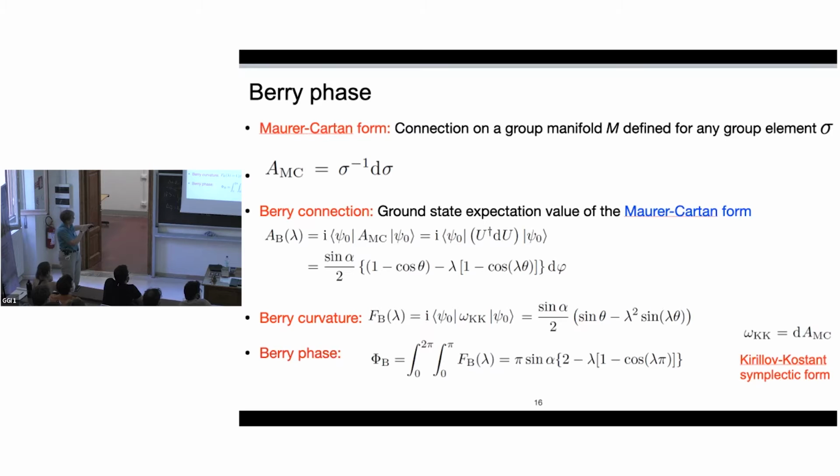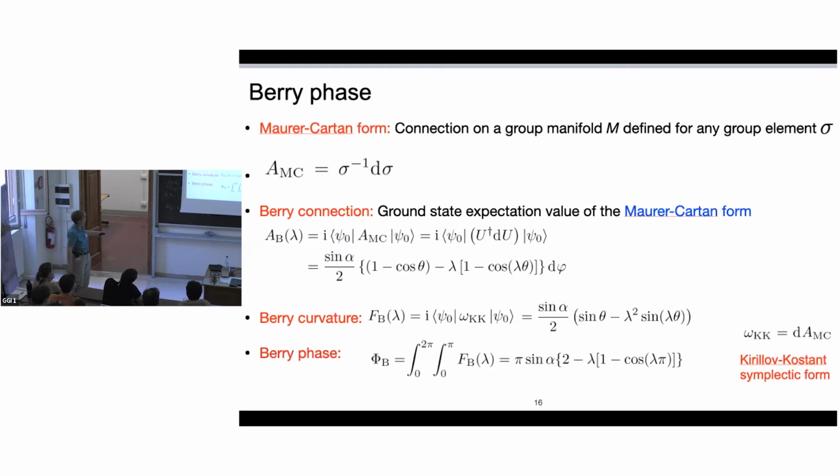So it depends. Alpha is the constant J and B essentially in the Hamiltonian. Theta and phi are our geometric variables. And then you can actually see that if you calculate now the Berry curvature, it will be non-zero.